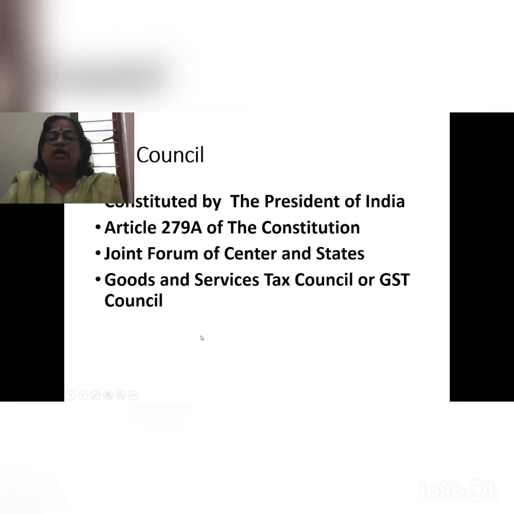Now, GST Council. The GST Council is constituted by the President of India. They administer the GST system in our country. So, the constitution is very important. It's constituted by the Honorable President of India. Article 279A of the Constitution gives power to the President to constitute the GST Council. Now, how is it constituted? It's a joint forum of center and states.